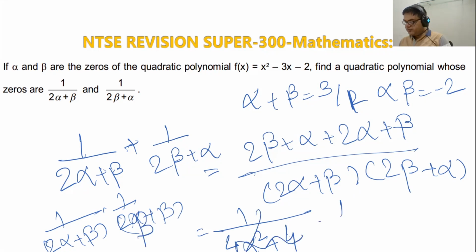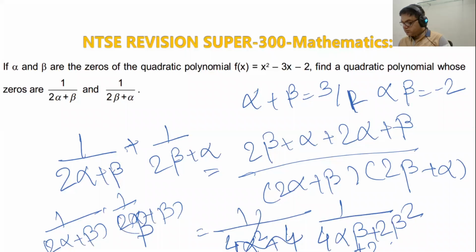So it will be 1 upon 4 alpha beta plus 2 beta square plus 2 alpha beta plus beta square. कुछ गड़बड़ हुई क्या? 4 alpha beta plus 2 beta square plus 2 alpha beta plus beta square. ठीक है. So this will be the thing.